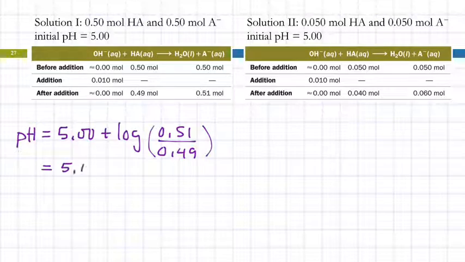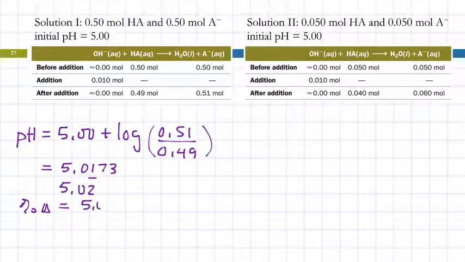So 5.0173, call it 5.02. So then the percent change is 0.4%.